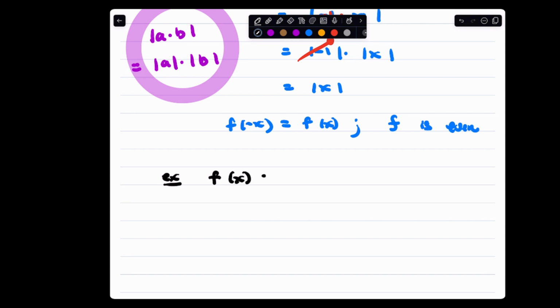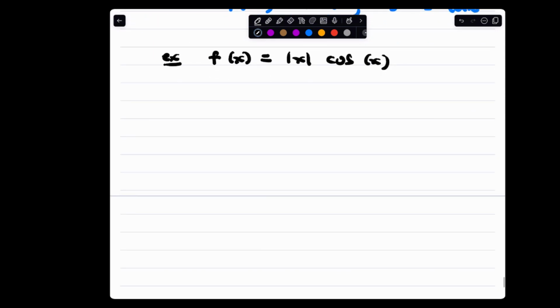So if they said, what about the absolute value of x times cosine x? Is that even or odd? What would you do? Same thing. Replace the x with negative x.